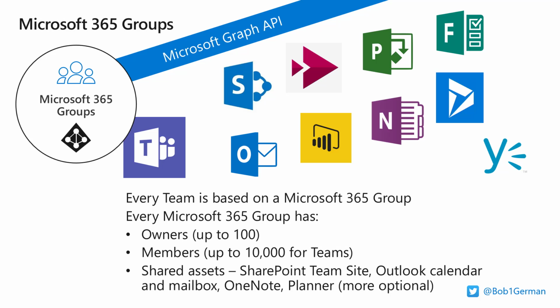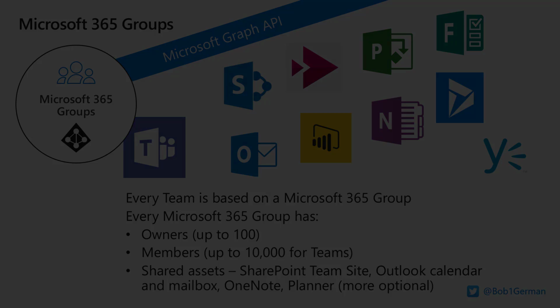If you're developing for Teams, you can count on that SharePoint site being there, and you can pretty much assume that the team members and owners are going to have member and owner permissions to that SharePoint site. That's a really powerful thing, because now you can use the lists and libraries and pages in that SharePoint site as part of your team solution, and it's pretty much going to work.